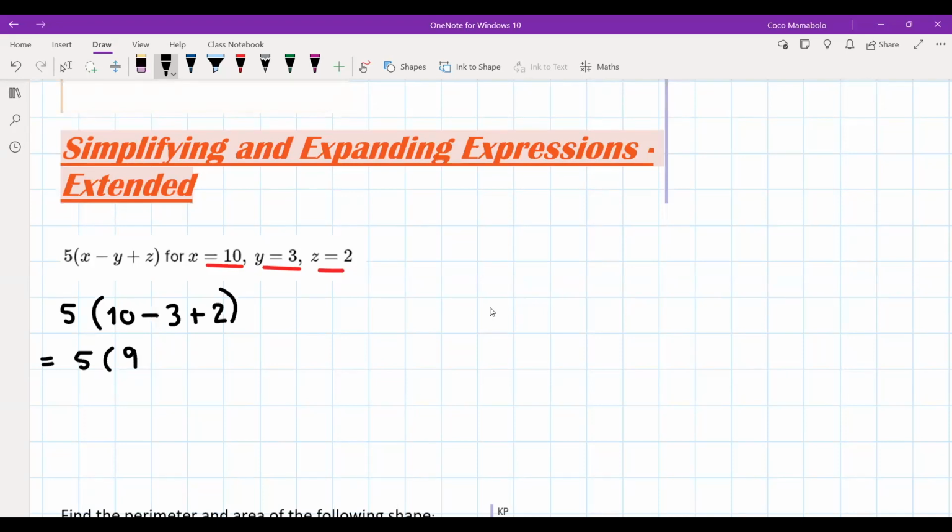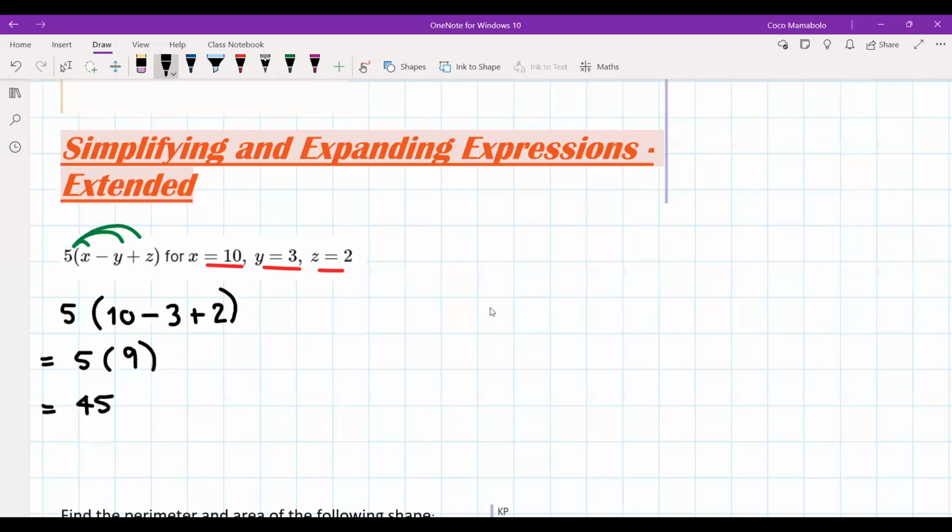Close brackets. 5 times 9 is equal to 45. All right, so the answer that we're getting here is 45. But because of the maths, it must give us the same thing even if we distribute, and I need a volunteer to come distribute for me.